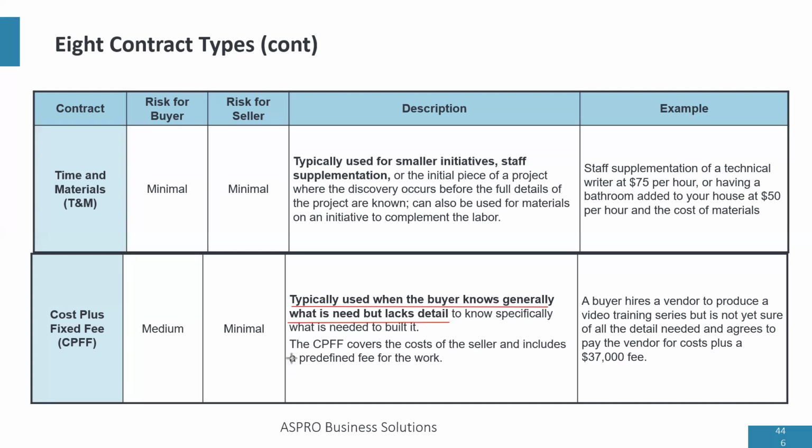So, under the cost plus fixed fee, it covers the cost of the seller and includes a predefined fee for the work, which means the buyer will pay for the cost of the work and include the fixed fee, which is the seller's guaranteed profit.